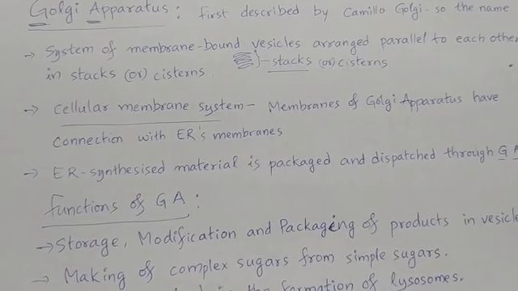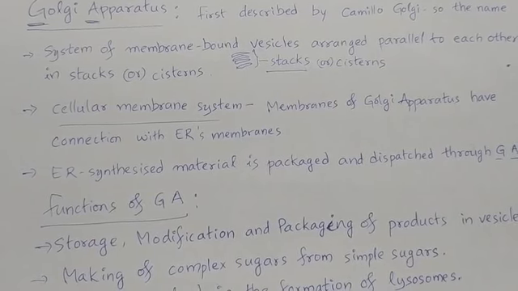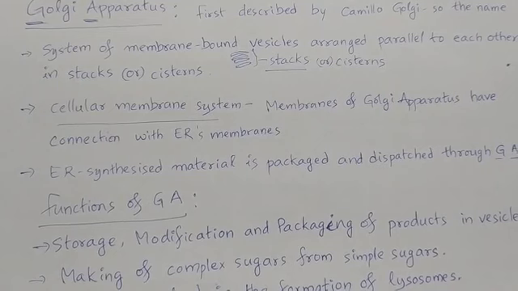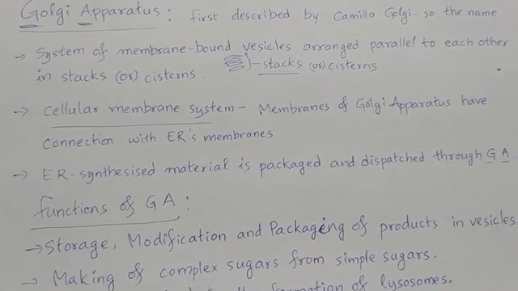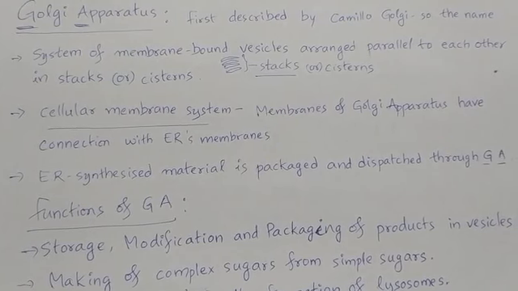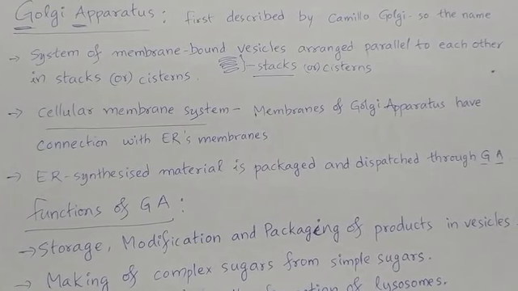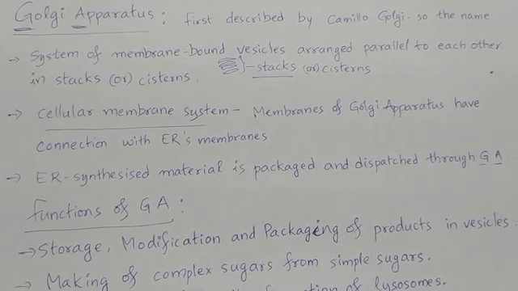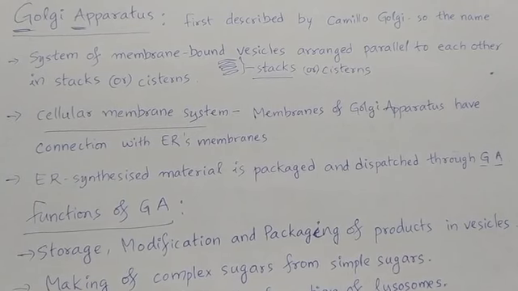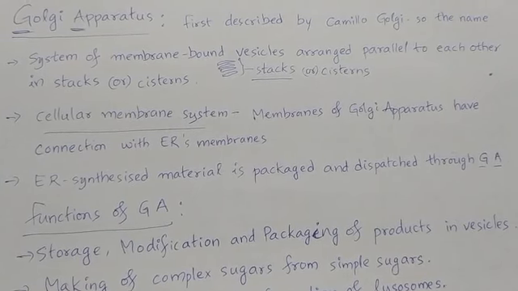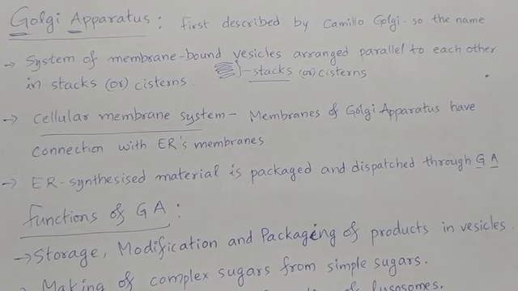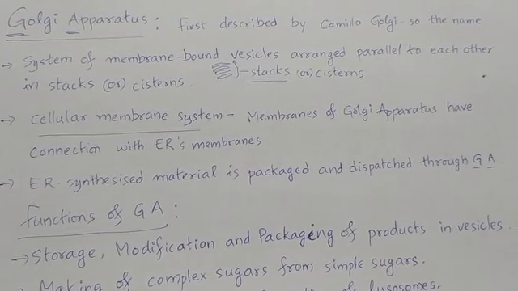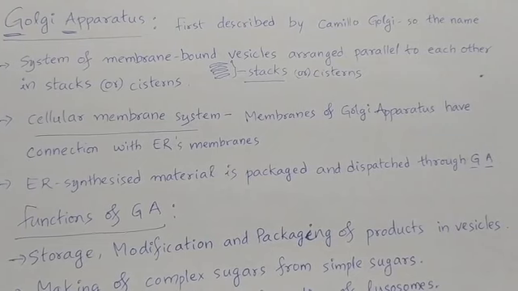Next, Golgi apparatus. It was first described by a scientist known as Camillo Golgi, so the name Golgi apparatus was given. Golgi apparatus is a system of membrane-bound vesicles arranged parallel to each other in stacks or cisterns.